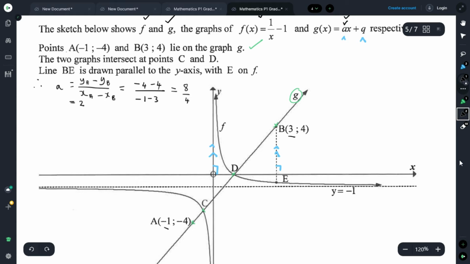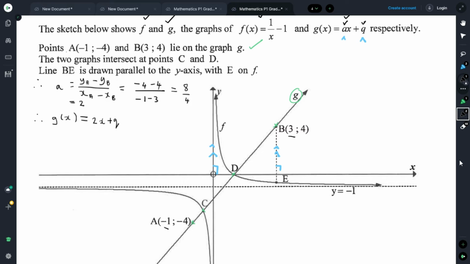So we already have the gradient a, so all that we need now is the y-intercept q. So therefore g of x is equals to 2x plus q, right? But we can find q by substituting one of the 2 points into the function.